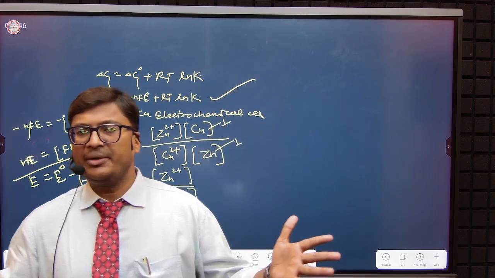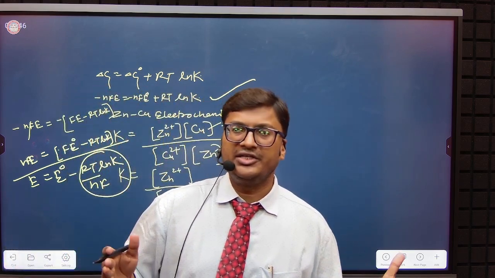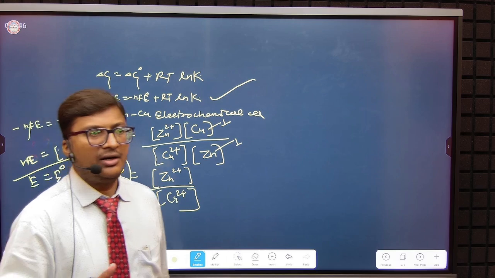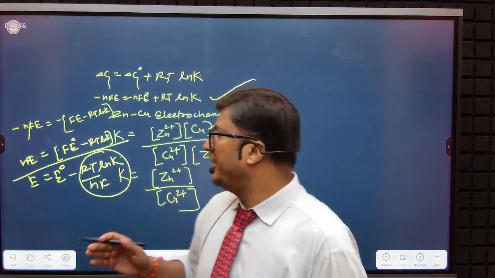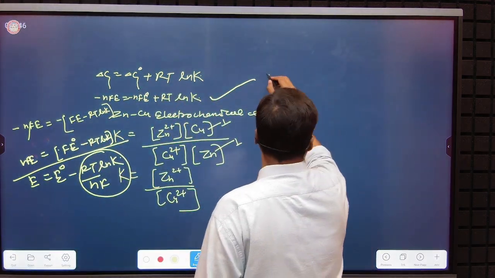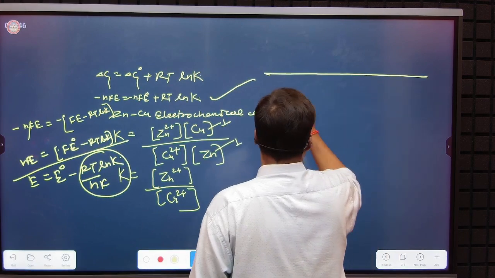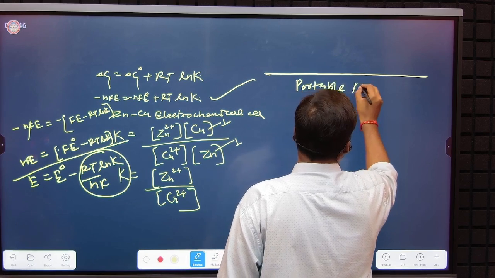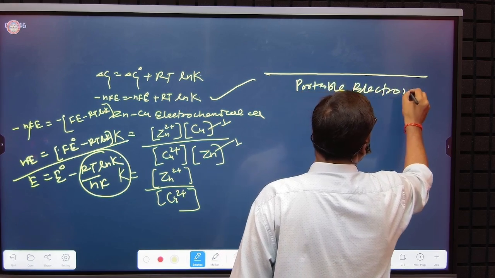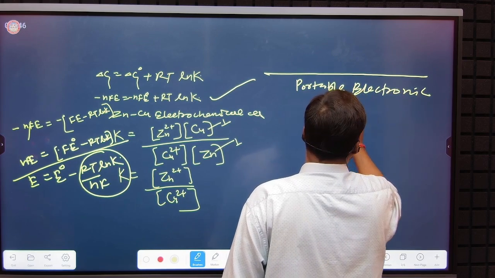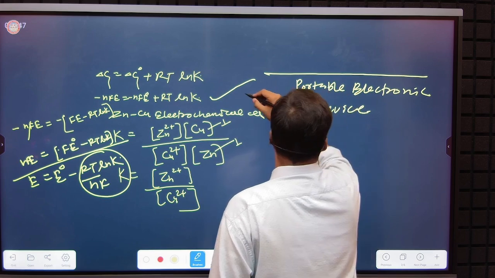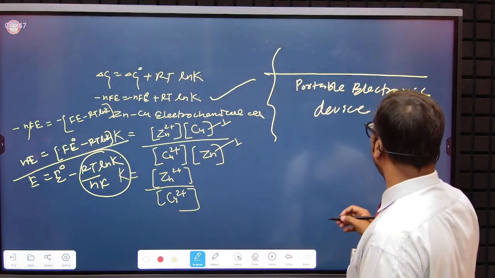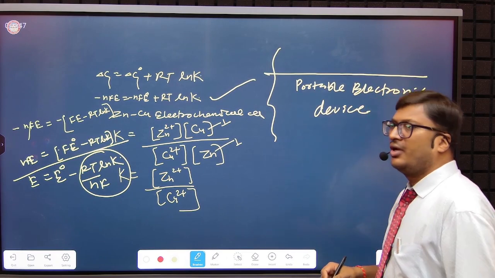The electrochemical cell is used to produce power or electricity, and it is the basis of portable electronic devices.